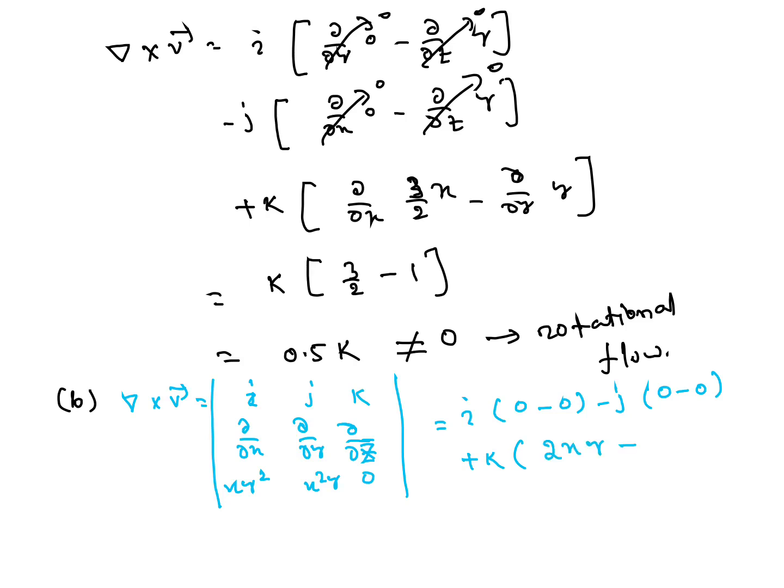Finally we get curl is 0, so this is irrotational flow. So C is not possible, only A is possible.